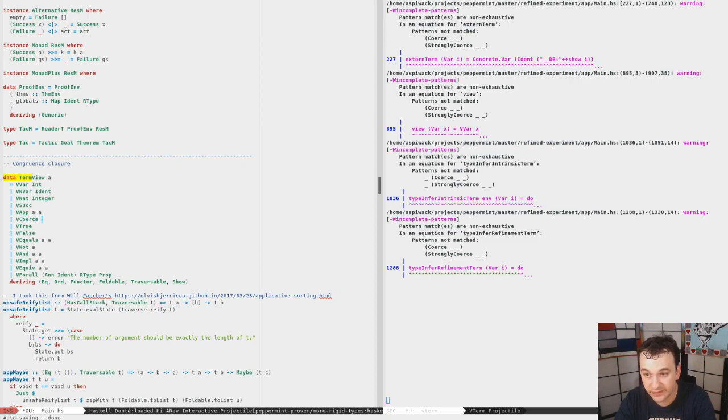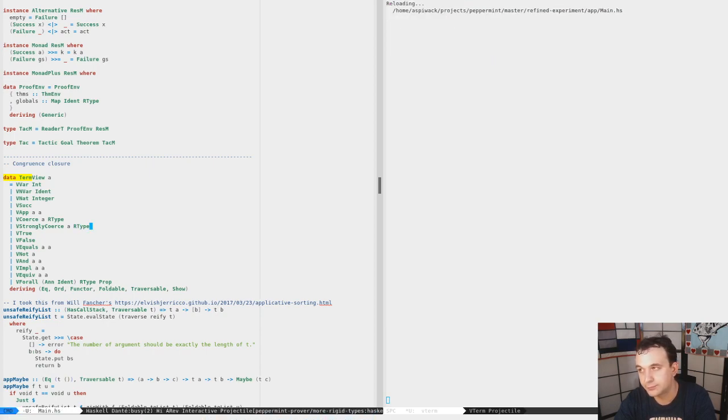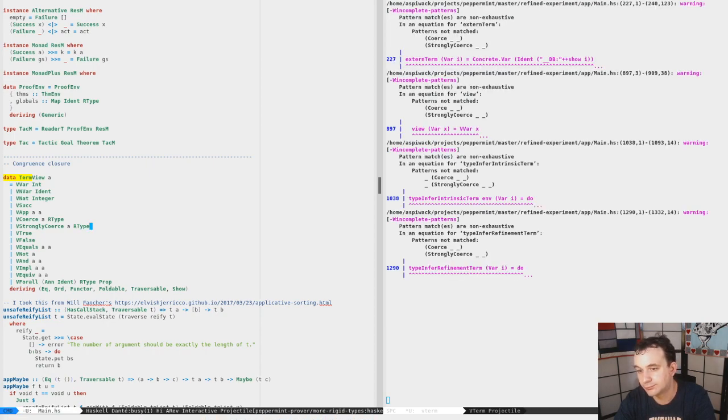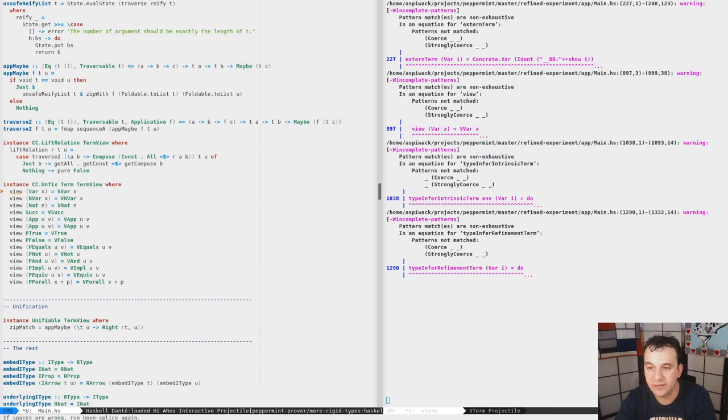V coerce, A R type, V strongly coerce, A R type. Now you can just add these.